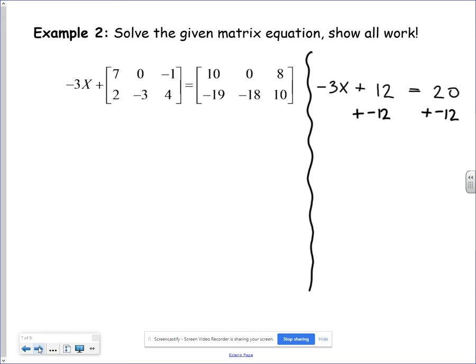I'm adding the additive inverse. So that cancels out. I get negative 3x is equal to 20 plus negative 12, which is 8. Now, again, we don't want to divide. How can I get rid of negative 3 without dividing? I could multiply both sides by the inverse.